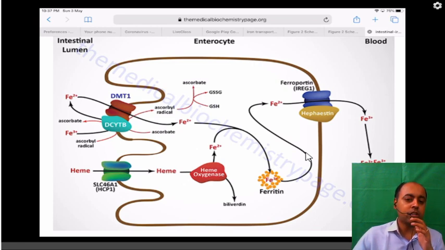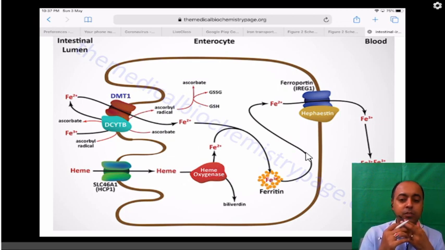The transporter is the ferroportin, and when it is being transported outside, it is converted into the ferric form. The hephaestin will convert it into the ferric form, and this ferric iron is transported by transferrin.